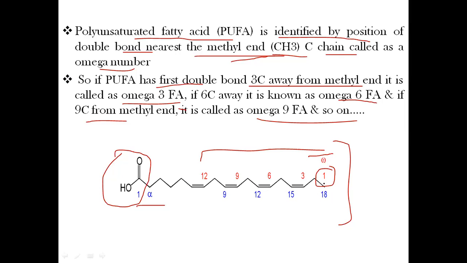So if this is carbon 3 and it contains a double bond, it is known as omega 3. If it contains a double bond at carbon 6, it is known as omega 6. If it contains a double bond at carbon 9, it is known as omega 9, and omega 12, and so on.